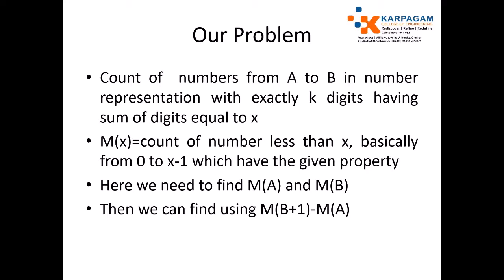My problem is the count of numbers from a to b, so we need to find m of a and m of b. To solve this problem, we use the formula m of b plus 1 minus m of a. If you find m of b plus 1 and m of a, we can easily identify the solution.